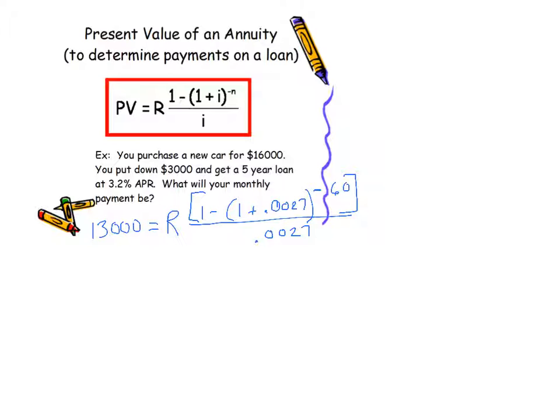So I'm typing in my calculator, left parenthesis, 1 minus, left parenthesis, 1 plus I, close the parenthesis to the negative 60, and then close the numerator parenthesis, all divided by I.